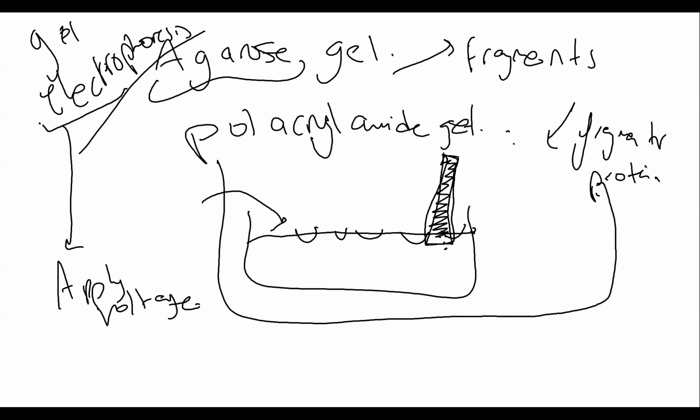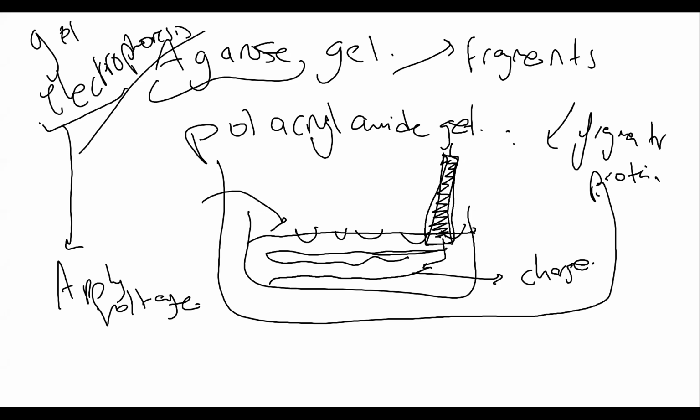And when this current is applied, what will happen here? Charge will be applied, and charged molecules like ions will start migrating throughout the gel. DNA, RNA, or protein molecules move through the gel towards the positive electrode.